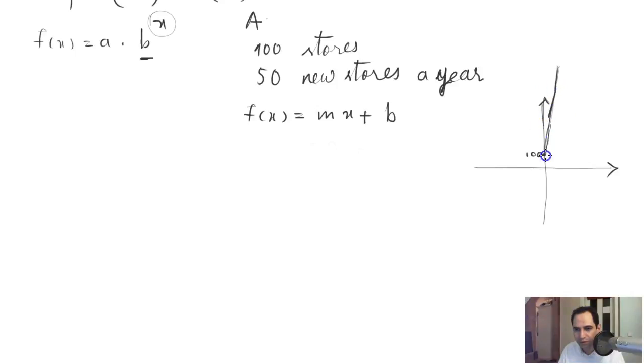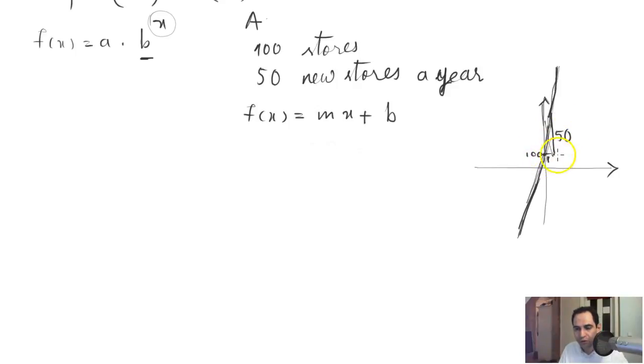Of course, it's not easy for me to draw a straight line, but it's a line like this. So for 1 unit of change here, you get around 50 units of change here.